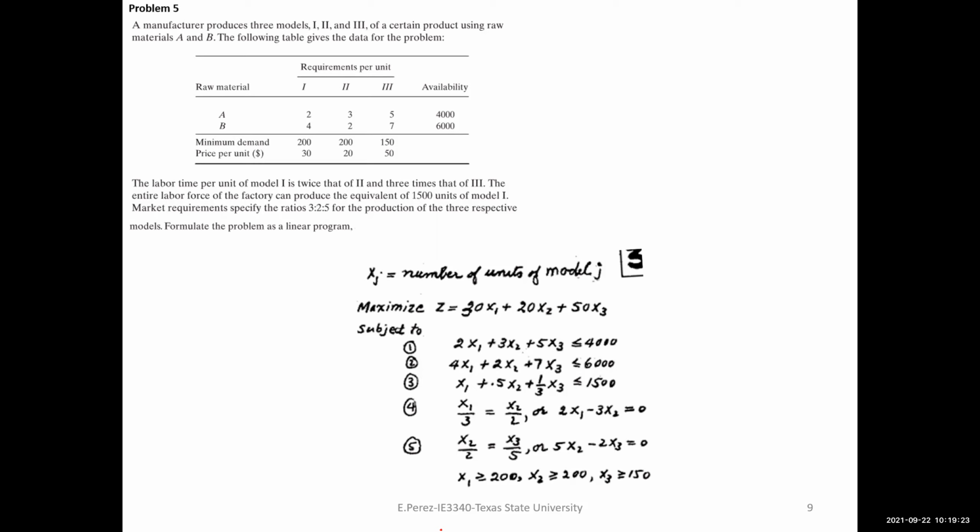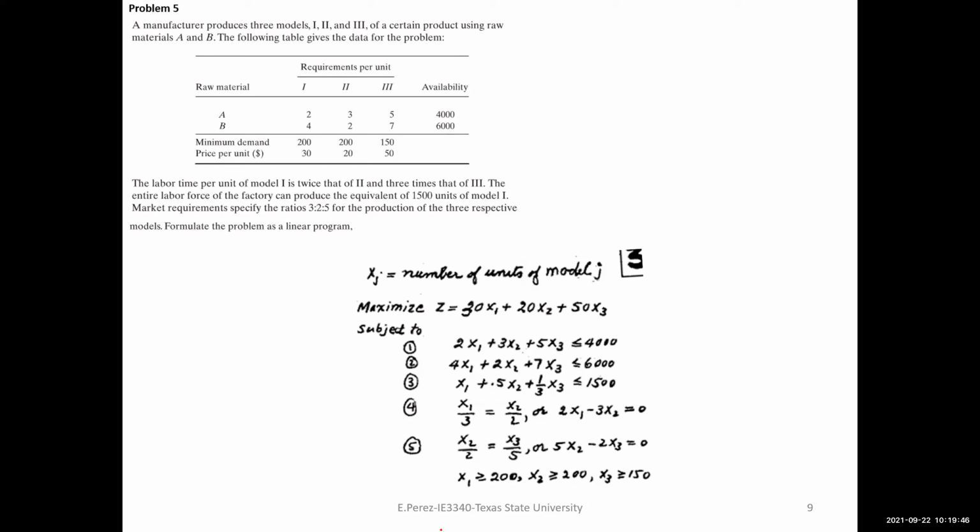So in this one, we have a set of ratios that are used to specify our production.